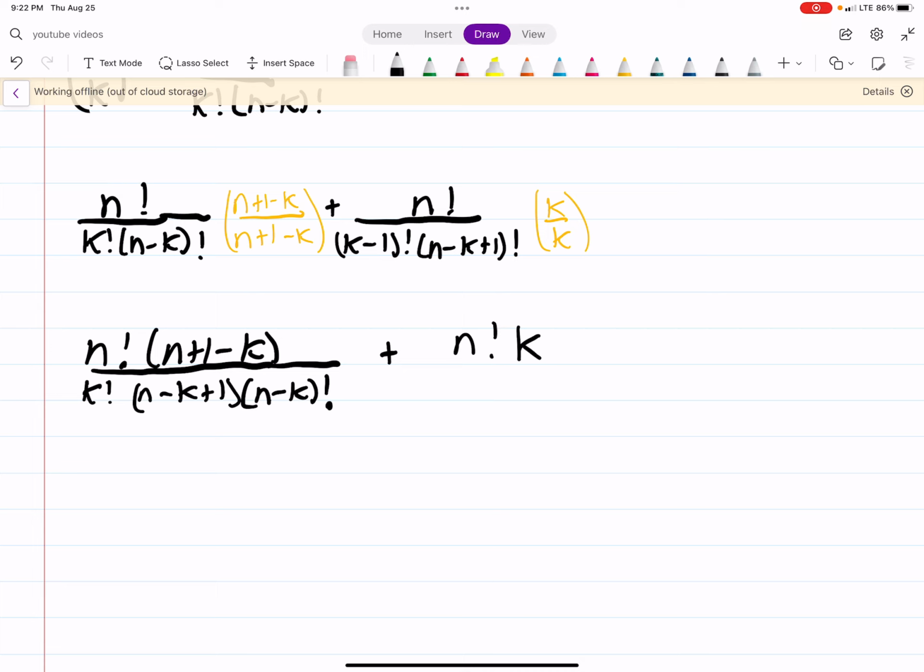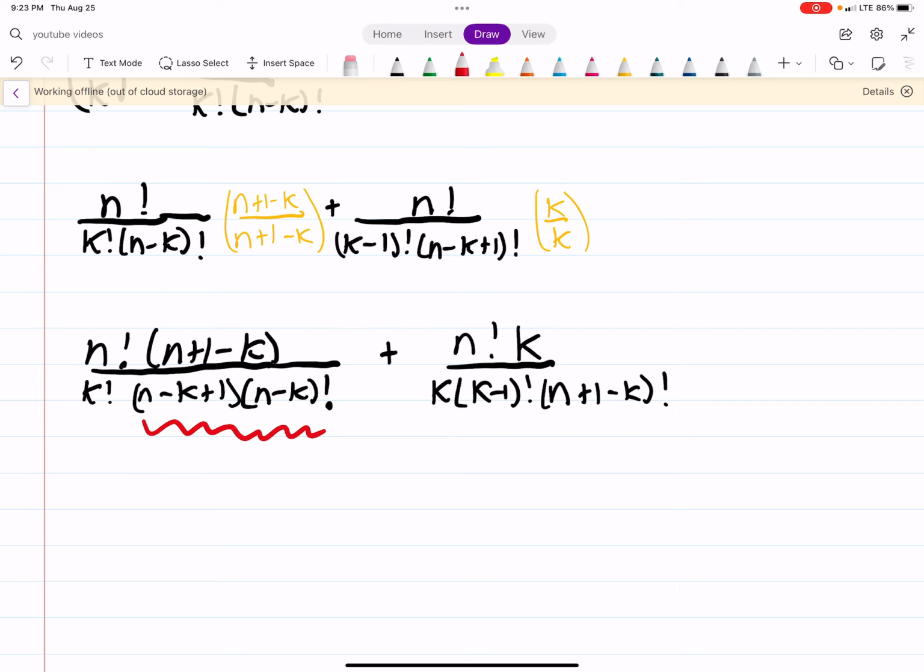And then multiplying the k on the other side. So this, you have n minus k plus 1 and then n minus k factorial.